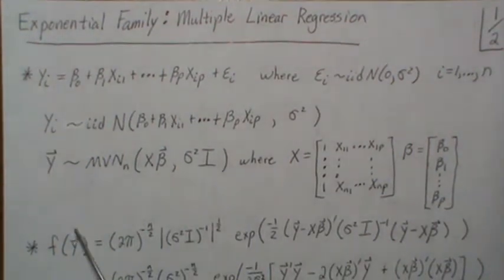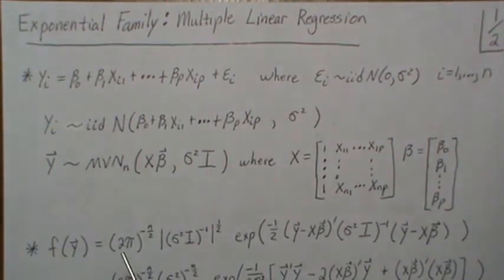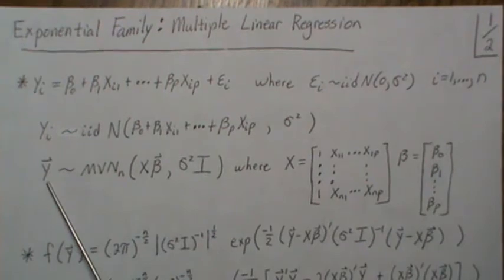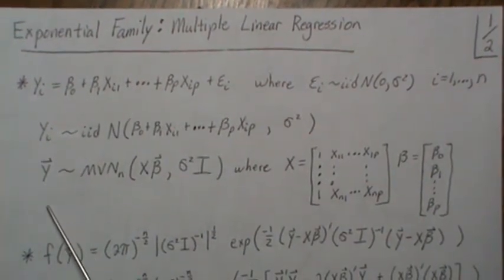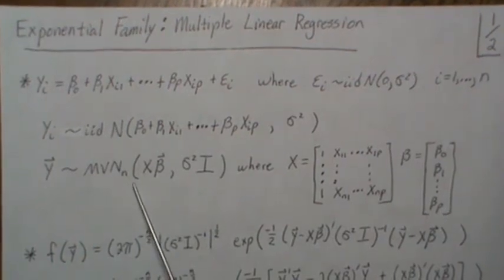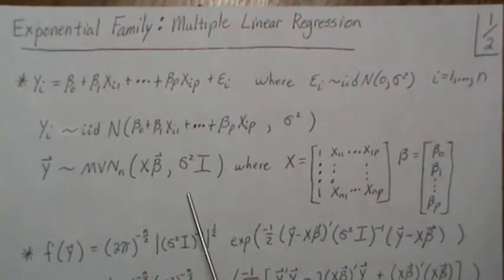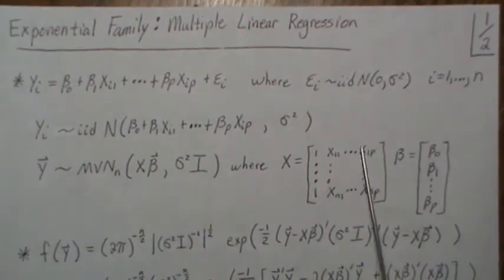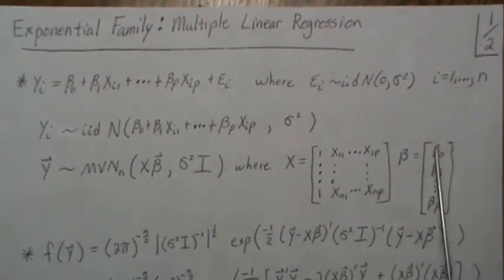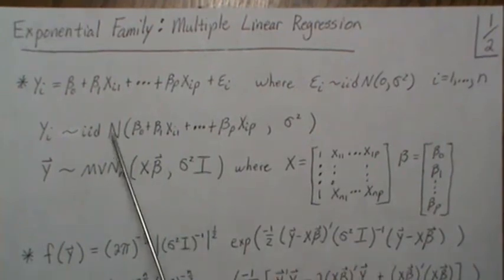Now, if we were to put this in the matrix notation, we'd say this vector y, which consists of y1, y2, y3, all the way to yn, is multivariate normal with this mean and this variance covariance matrix. Now, x beta, you can think of it as a data matrix, and the betas are a vector of the unknowns.